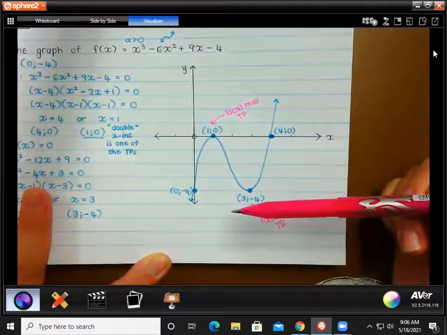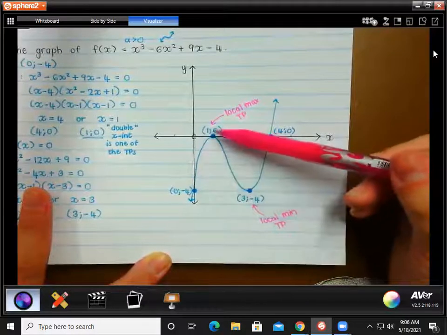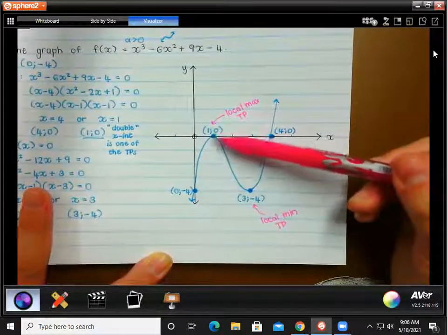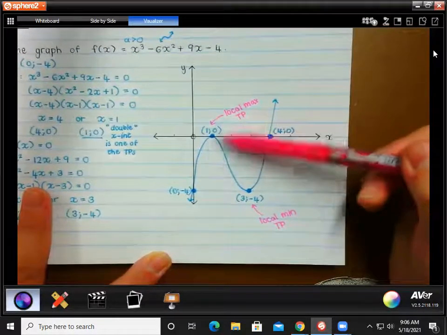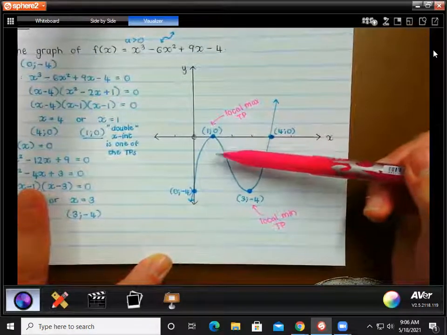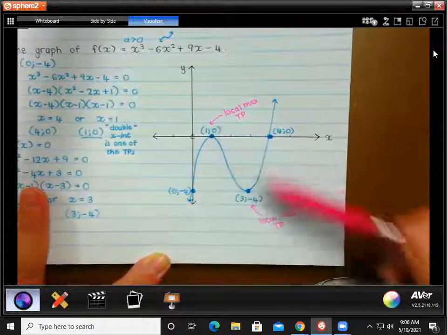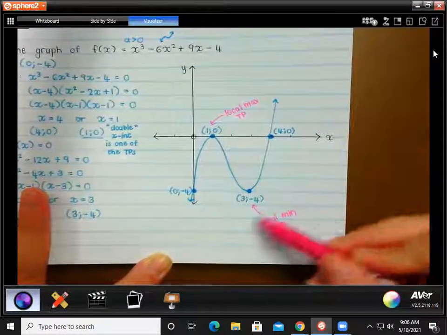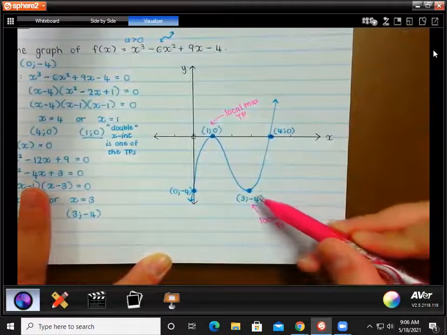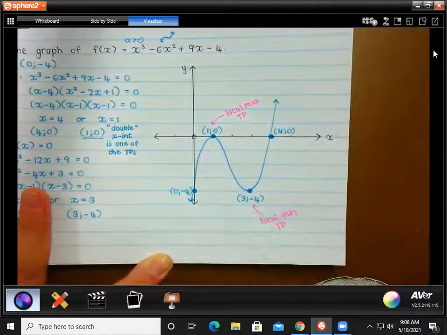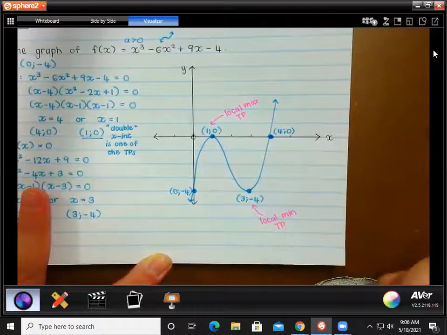In terms of it's increasing, there it's 0. Oh, we also call it a stationary point, by the way. Turning point, stationary point, it's the same thing. And then it's decreasing on the other side. Then the one of the two turning points that is lower is called the local minimum turning point. Again, local because it's not actually the lowest point on the graph. It's not actually the minimum value, but it is the lowest one that we can calculate in a sense.